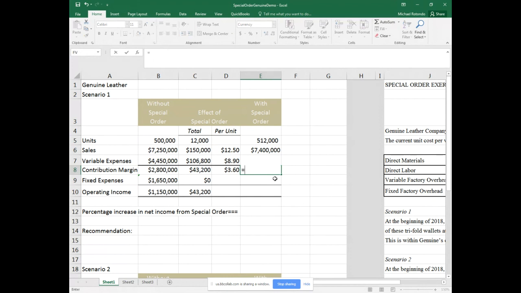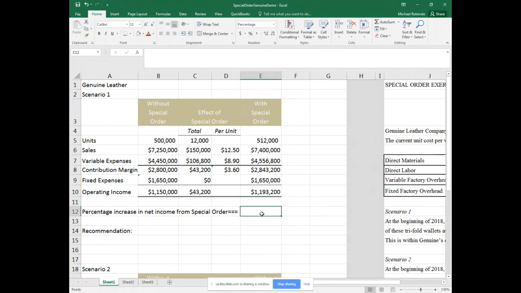So our contribution margin now is going to be $2,843,200. Our fixed expenses have not changed. So our new operating income with the special order is going to be $1,193,200. So at least from a quantitative point of view, it looks like we should do it.